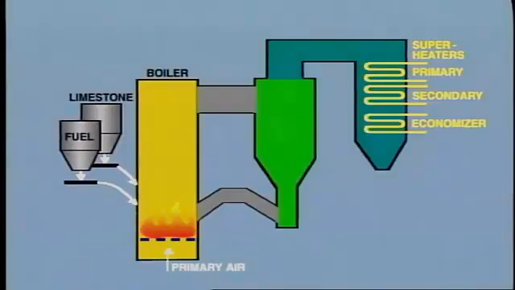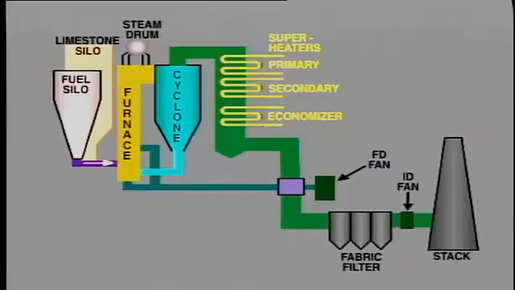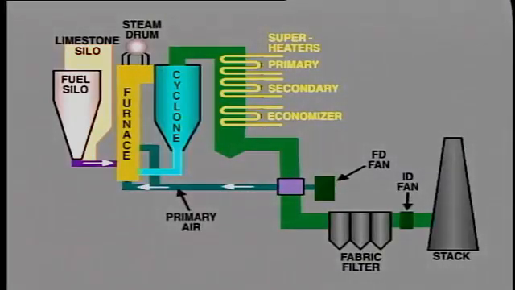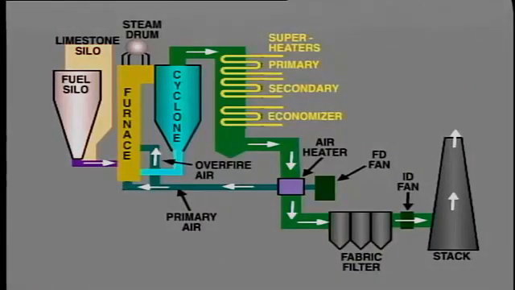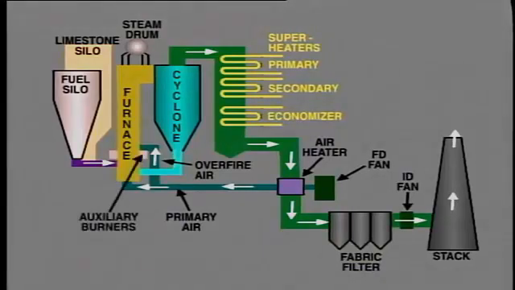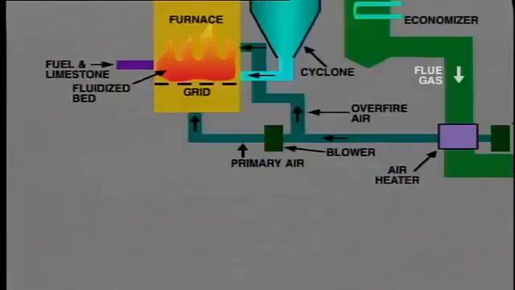Primary air is fed into the bottom of the furnace in order to keep the bed floating, that is, fluidized. The primary air is heated using outgoing flue gas as it passes through the tubular air heater. Over-fire air to the furnace is supplied above the main combustion zone. Auxiliary fuel burners are located in the lower combustion area for startup and occasionally to help maintain combustion stability.